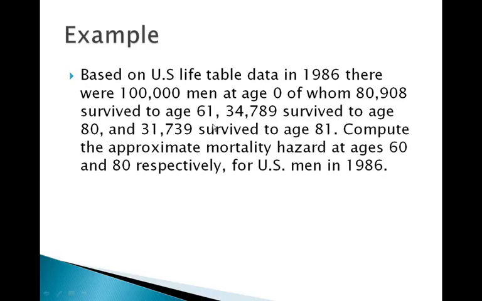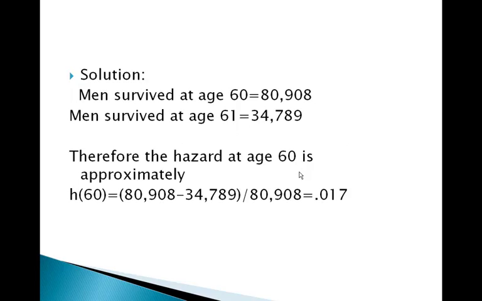You're given information about how many survived to age 61, how many survived to age 80, how many survived to age 81. You would then look at how many men survived up to age 60, which was 80,908. How many men survived at age 61? 34,789.